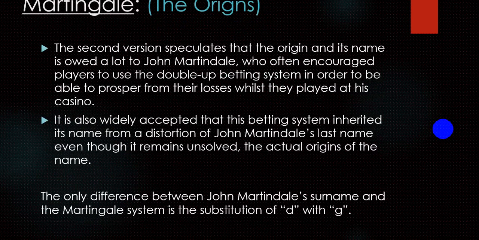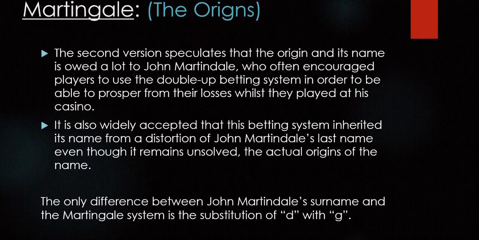So the second version of the origins of the martingale speculates that it got its name from someone called John Martindale, who encouraged players to use the double-up betting system in order to prosper from their losses whilst they played at his casino.